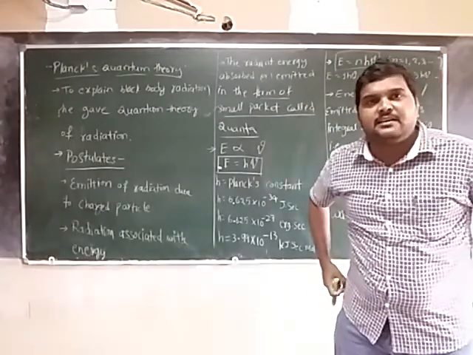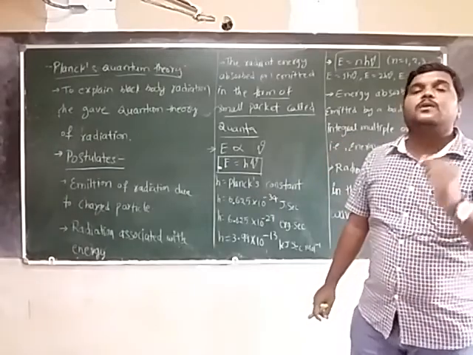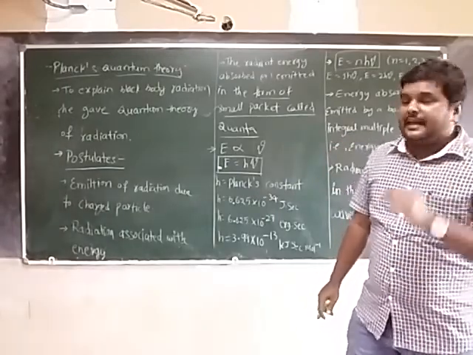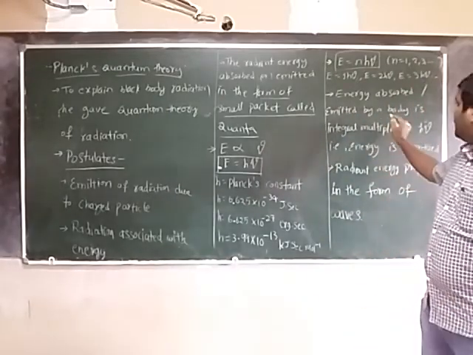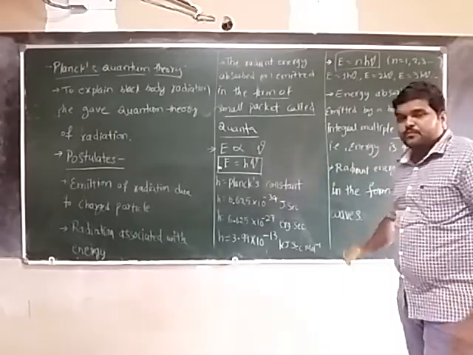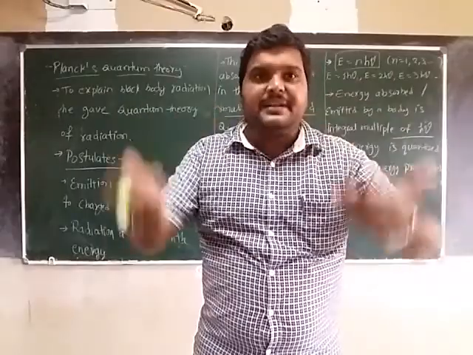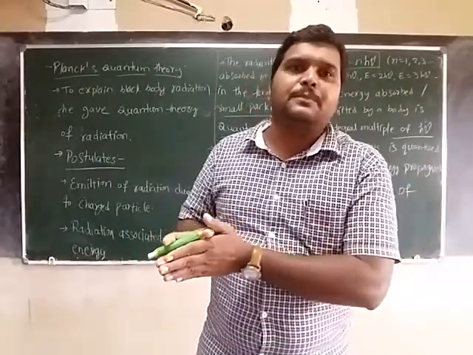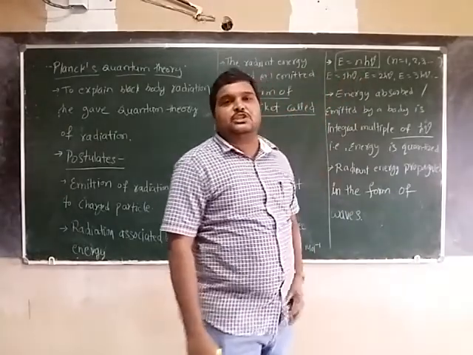What is n here? Simple, the value 1, 2, 3, 4. So the energy absorbed or emitted by a body is an integral multiple of h nu, that is, E is equal to n h nu.